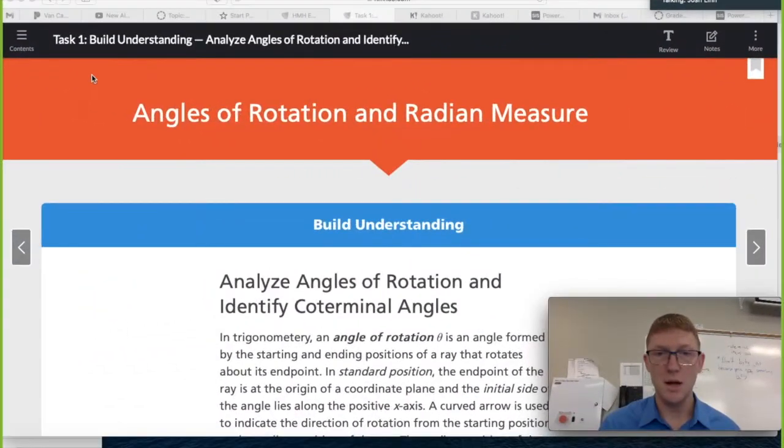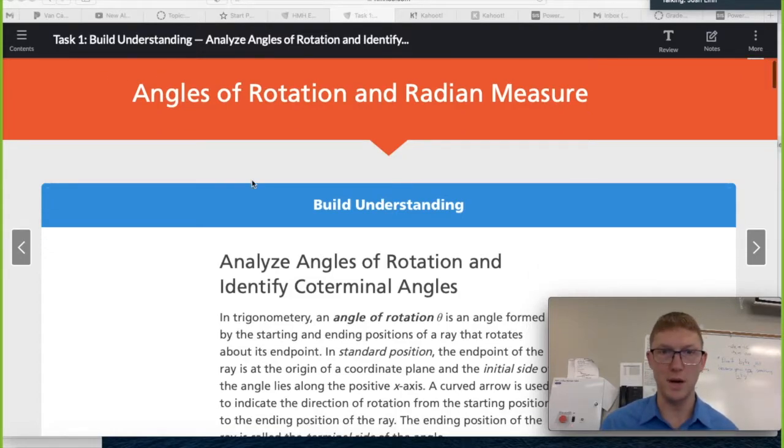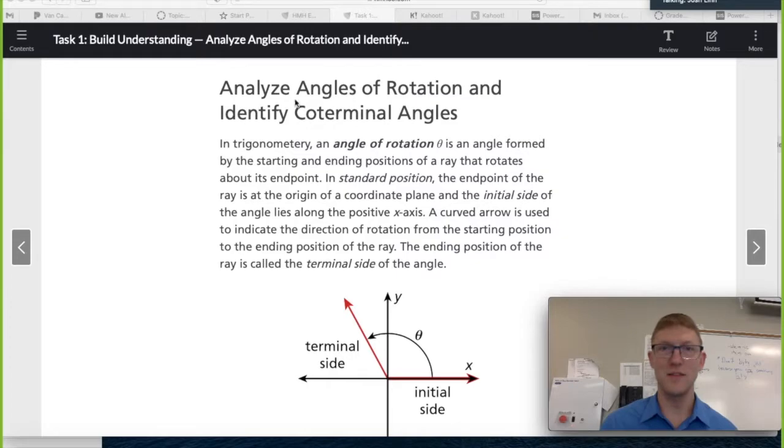Anytime you're learning anything new, and I don't know how much trig you've had already, there needs to be a common set of vocabulary so that we can use similar language. That's what we're going over here. Analyze angles of rotation and identify coterminal angles.